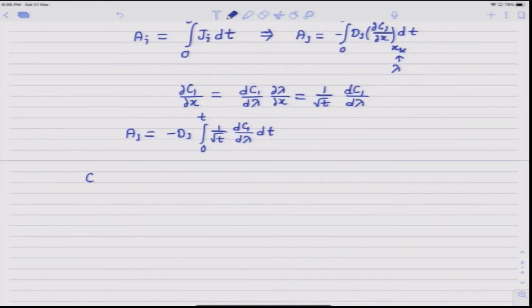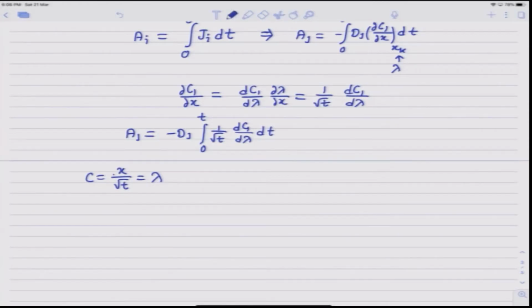Now we know C is a function of x over root t, C is a function of lambda, and so if we convert the C versus distance coordinate x profile into C versus lambda, it should be independent of time, because lambda takes care of both x and root t, and for a given composition there is a fixed value of lambda.